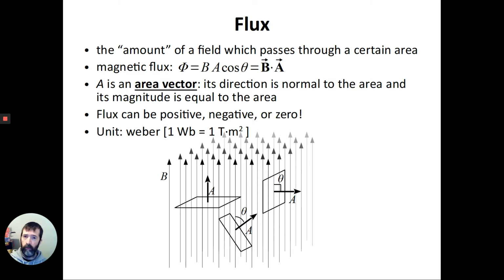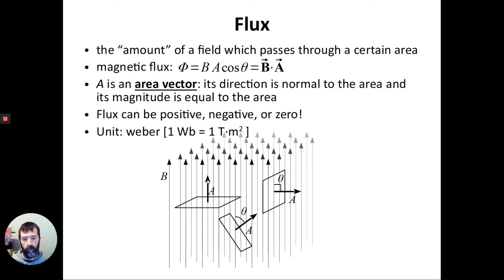How much field is there in that area? The formula for it technically involves a dot product of two vectors. So you need to know the magnetic field, you need to know the area in question, and then there's this cosine theta, because the orientation of the area relative to the field is going to be important.